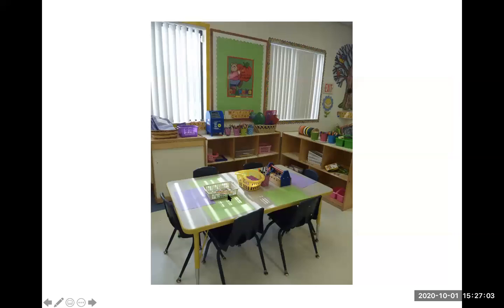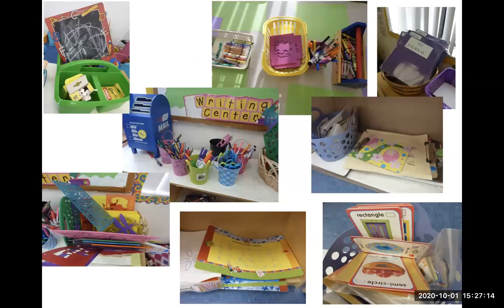This is their writing center. What do 4-year-olds do at a writing center if they can't even write a word? Nor should they, right? We shouldn't expect 4-year-olds to write a word. These are all the different things that were in their writing center. Things to trace, crayons, markers, pens, chalk.